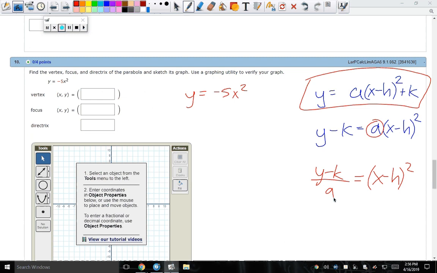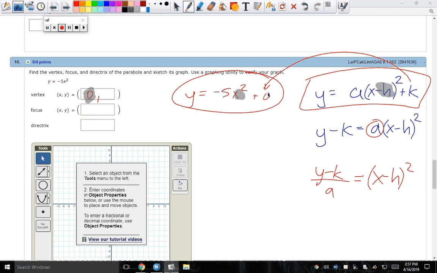So if I'm looking at this, what is my vertex? If this matches up, what would go there? 0. And what is my y value from what you see right here? 0, because there's nothing here.